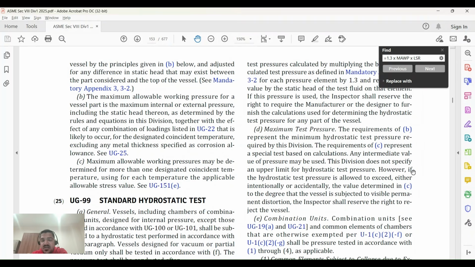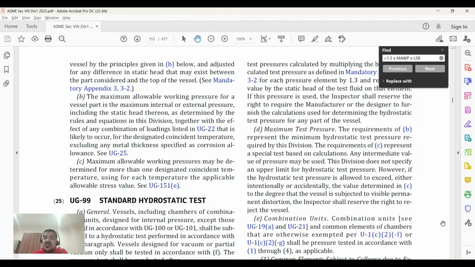However, if the hydrostatic test is allowed to exceed either intentionally or accidentally the value determined in C to the degree that the vessel is subjected to visible permanent deformation, the inspector shall reserve the right to reject the vessel.